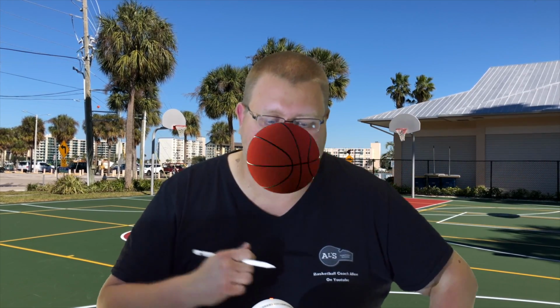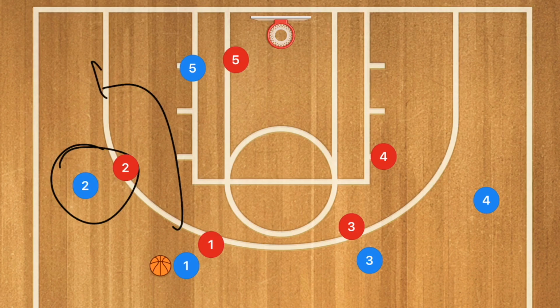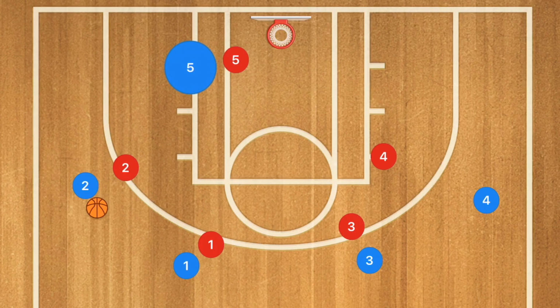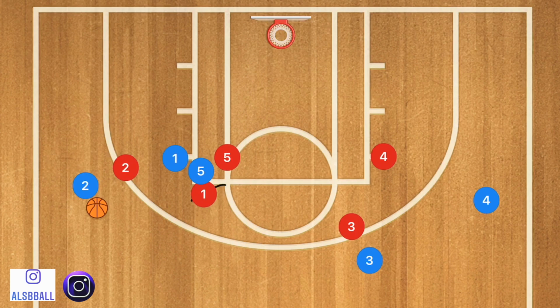But first, I'm going to give you a quick 20-second tip on how you can really destroy teams with the triangle offense. As we probably already know, player 1 passes over to player 2 and he goes down to this corner, which makes the triangle. If you want to really mess with the defense, and let's say they already know you're going to pass over here and cut, so they're already cheating, what I like to instruct my team to do is have player 5 cut up really quickly, set a back screen on player 1, and have him cut right towards the rim.